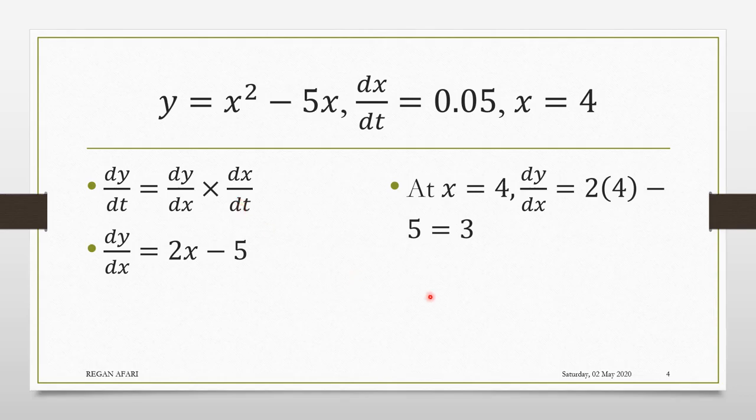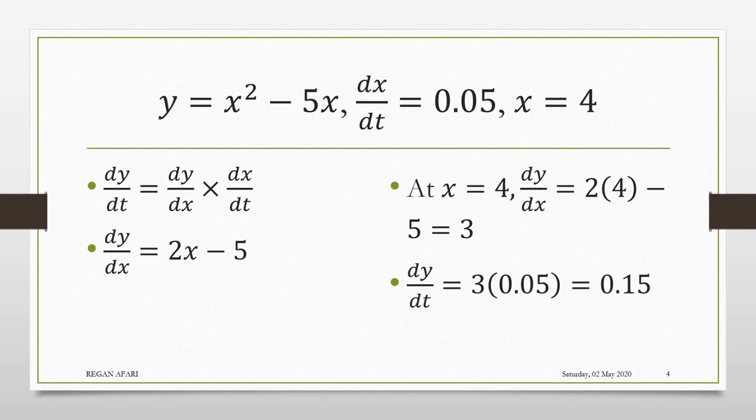Therefore dy/dt is equal to 3 times 0.05, which gives us 0.15. So while x is increasing at this rate with respect to time, y will be increasing at that rate with respect to time.